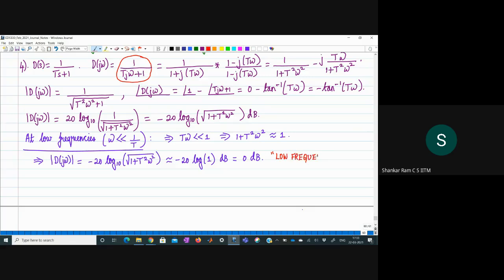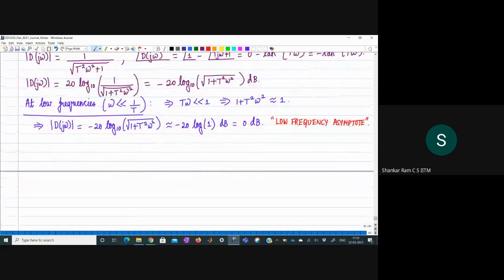As we have already looked at, an asymptote indicates a trajectory to which a curve will tend to, right, under some condition. So we can immediately see that the magnitude of this term under study tends to 0 decibels as omega tends to 0.